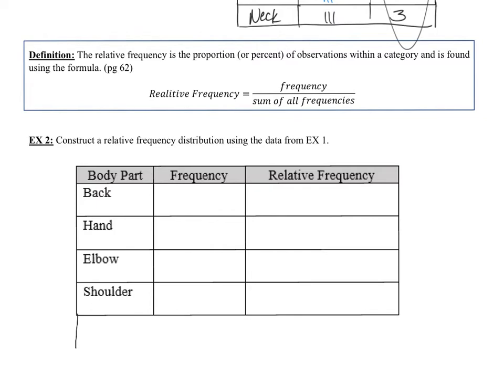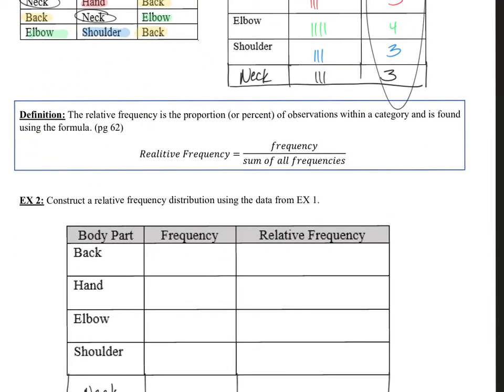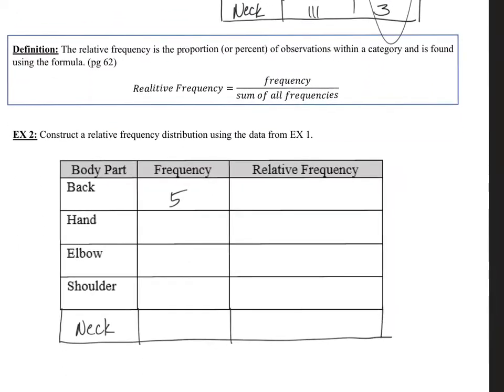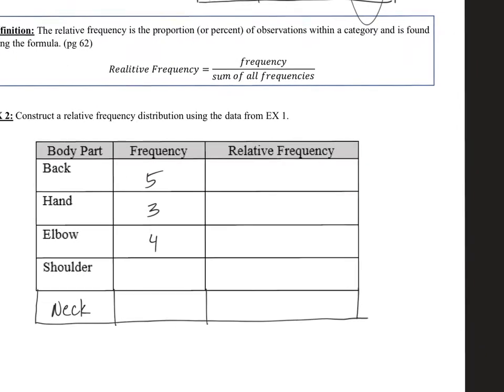So, once again, in example 1, we had to add on our little extra box piece here with neck. So, what was the frequency we saw for back? We saw 5. Then we saw 3 for hand, 4 for elbow, 3 for shoulder, and 3 for neck.